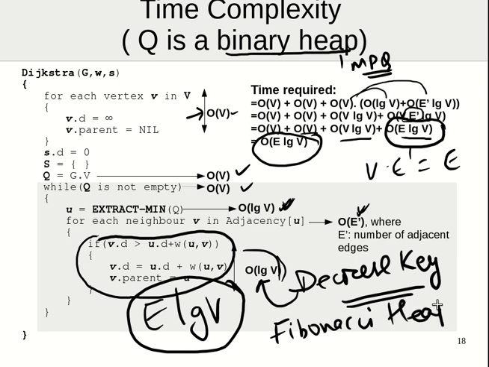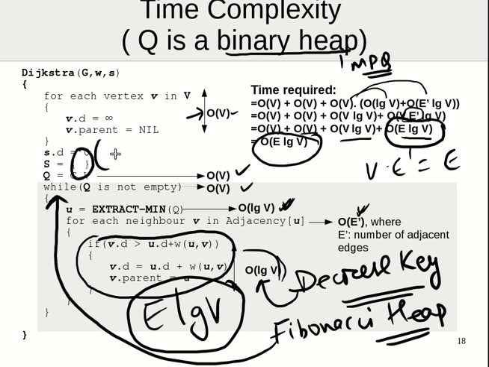This is a bit of an advanced topic, but if you use a Fibonacci heap instead of a normal binary heap, it would be done in order of V log V, a bit of an improvement over the previous one.